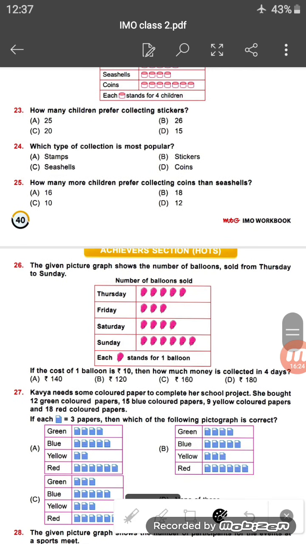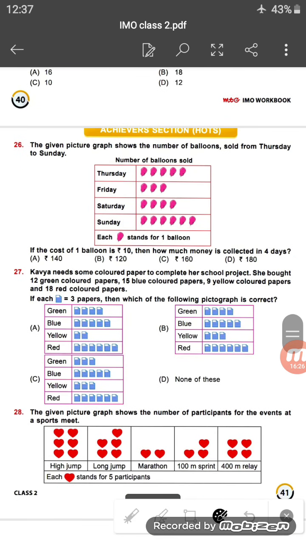Now, the achiever section. The given picture graph shows the number of balloons sold from Thursday to Sunday. Each pink balloon stands for one balloon.